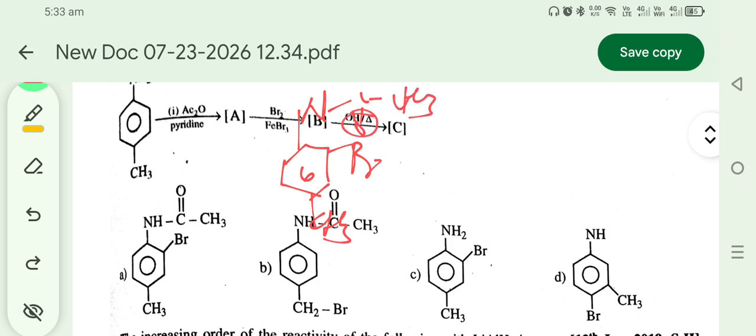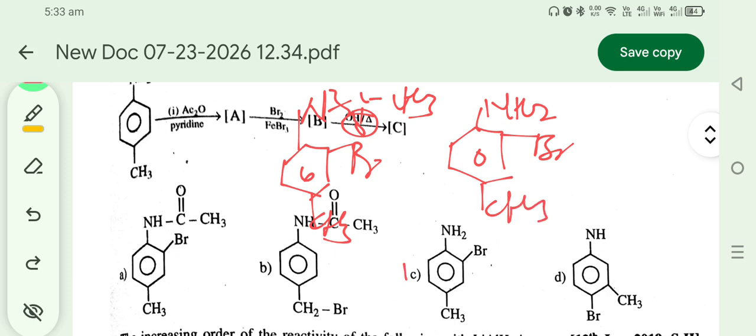On hydrolysis, the amide bond breaks and it is converted to an amine group. The aniline has ortho-bromo para-methyl, option C.